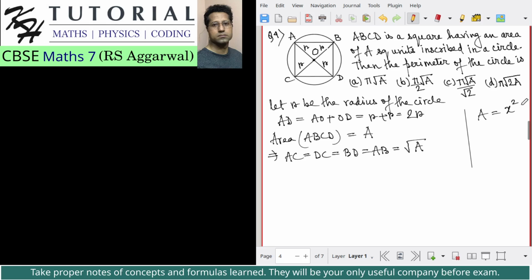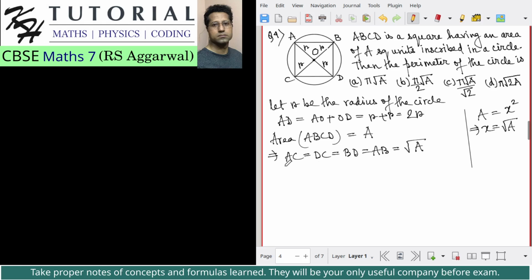If x is the length of the side of a square, then area is x squared. So the length of the side of a square of area A is equal to square root of A.